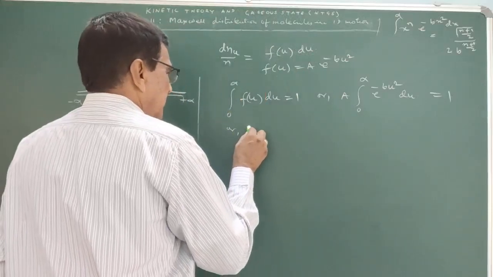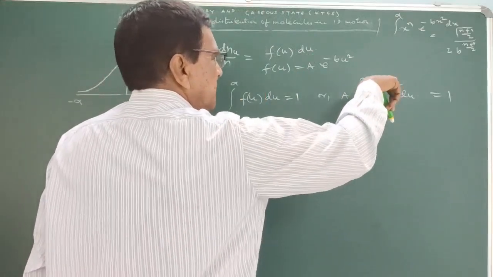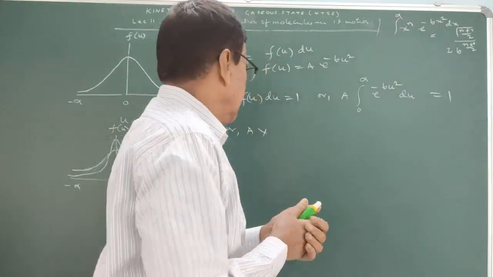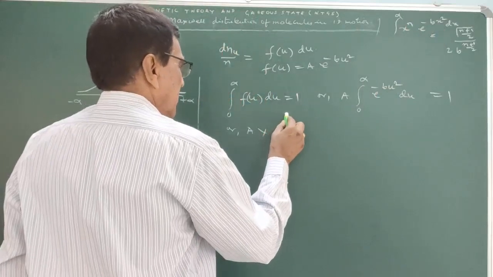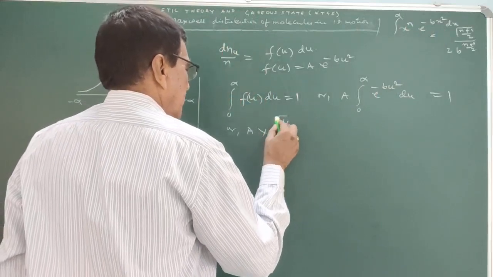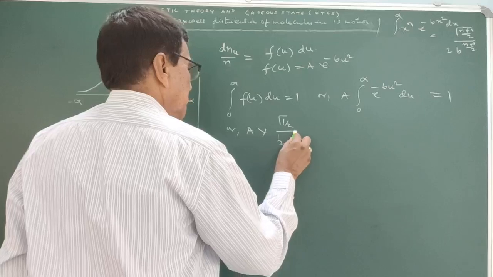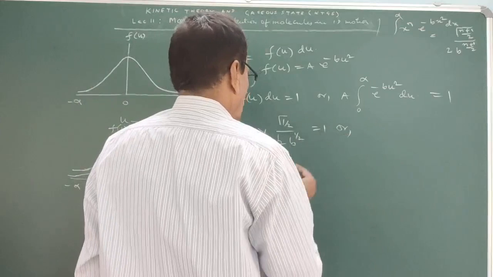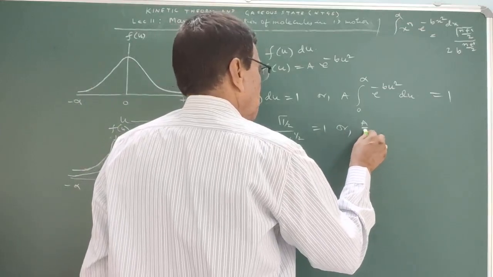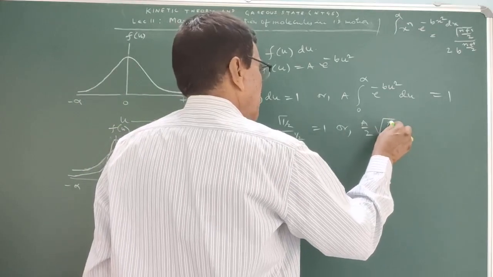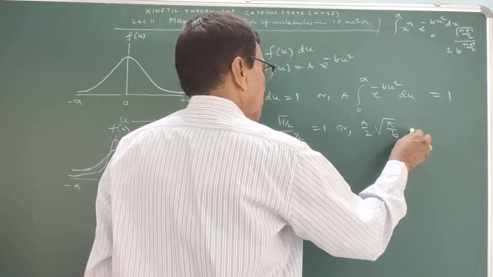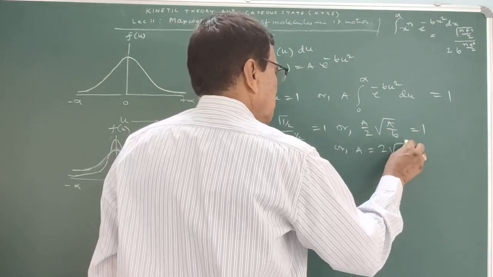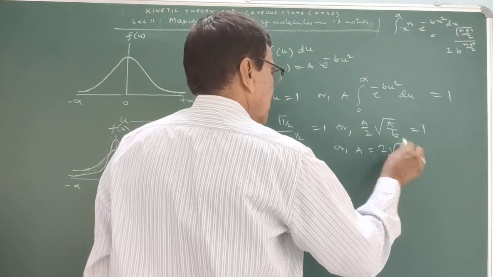or A into, if we integrate using this gamma function, it will be gamma half, and here half b to the power half equals 1, or A by 2 and root over pi by b equals 1, or A equals twice root over b by pi.